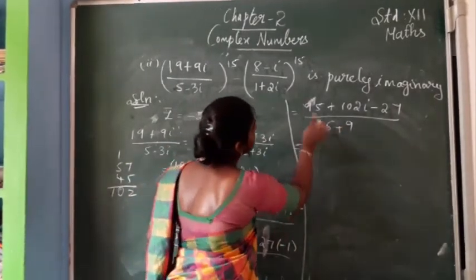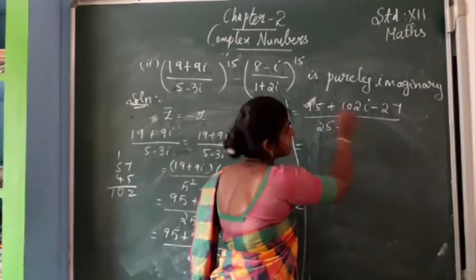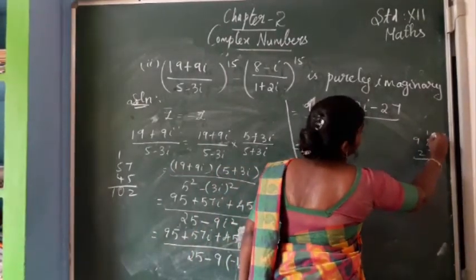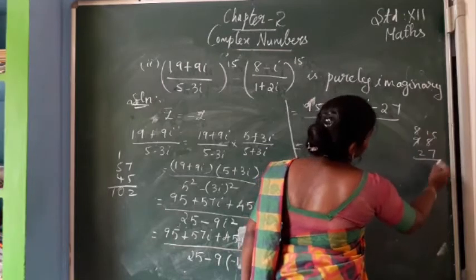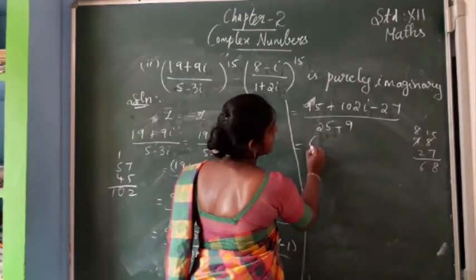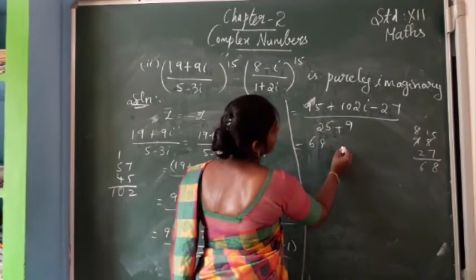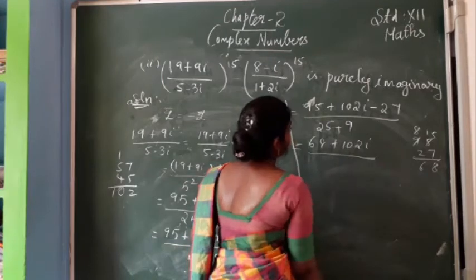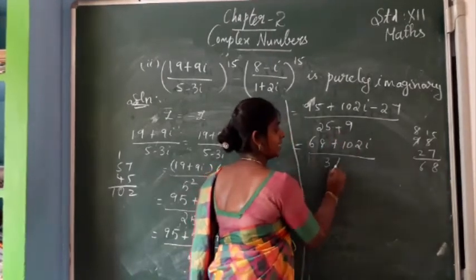That's equal to, subtract this value, 95 minus 27, so 68, plus 102i divided by, add the values, 34.